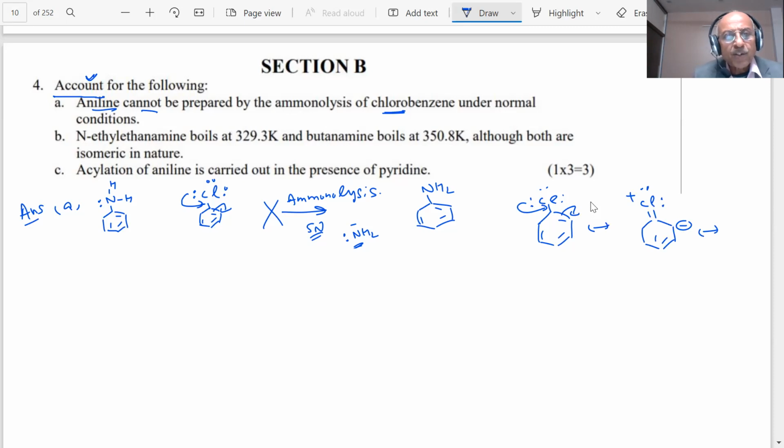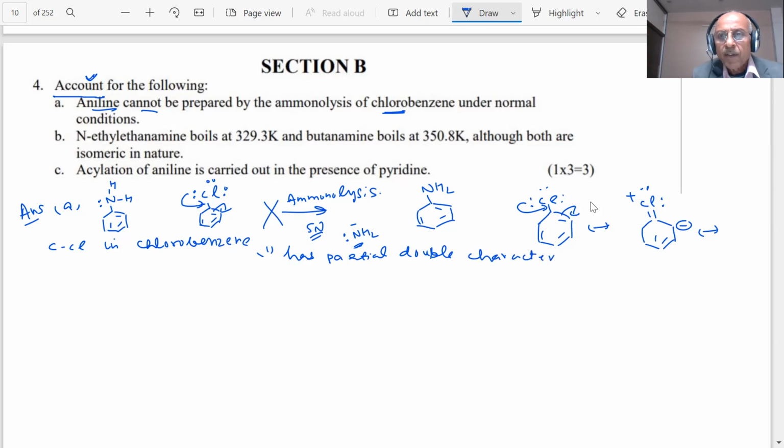So what do you see here, students? The C-Cl bond in aryl halides, in chlorobenzene, has partial double bond character. Can you see that? Number 1, it has partial double bond character.